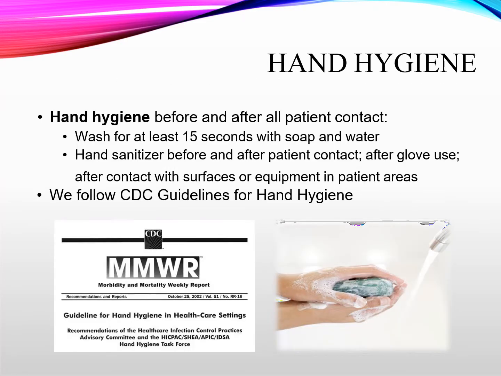Hand hygiene. Before and after all patient contact, wash for at least 15 seconds, scrubbing, with soap and water. Hand sanitizer before and after patient contact, after glove use, after contact with surfaces or equipment in patient areas. We follow the CDC guidelines for hand hygiene.